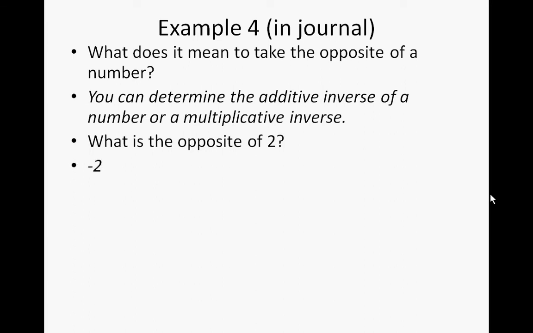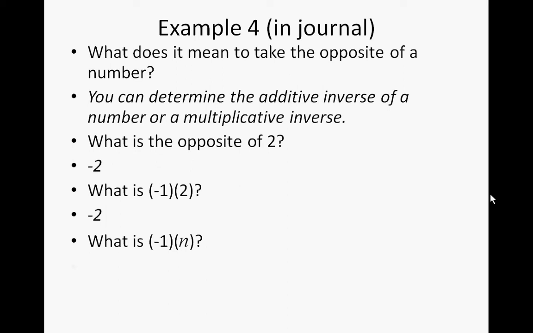Well, that would be negative 2. So what is negative 1 times 2? Well, that would still be negative 2. So what is negative 1 times some number, which we'll call n? Well, that would be negative n.